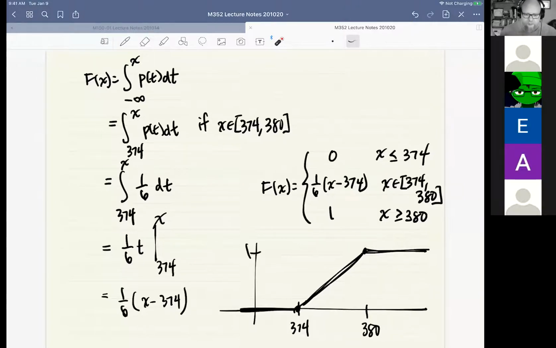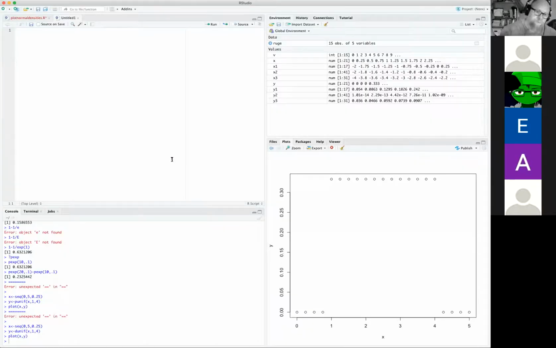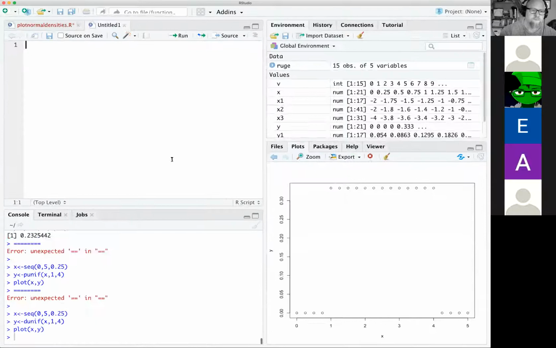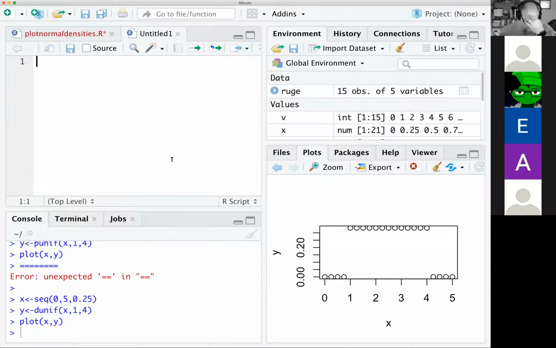Let me look at my R. Let me show you how we would plot one of these things just for fun. I'm going to share with you my R. And I need to make the font bigger. Okay, so we're going to plot the CDF that's 1/6 times x minus 374.